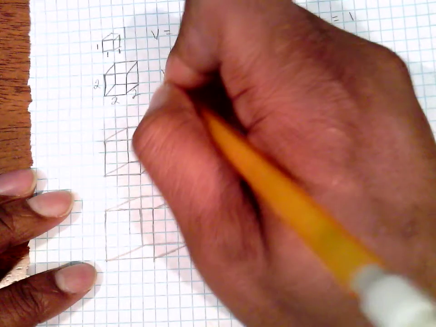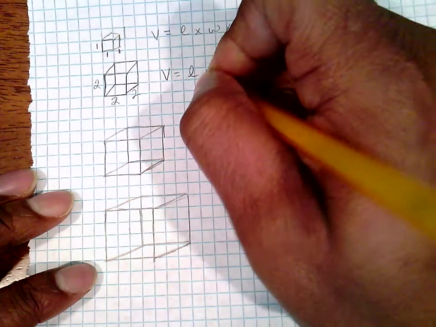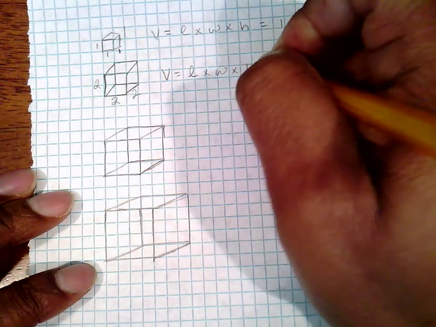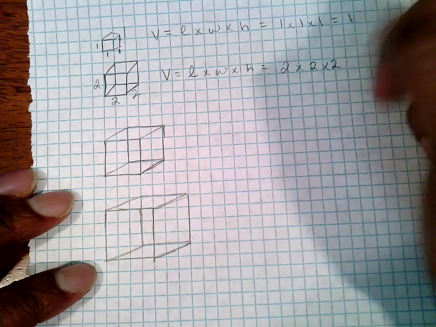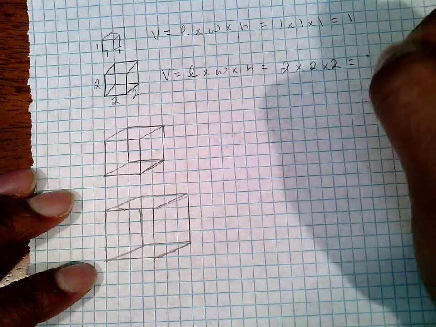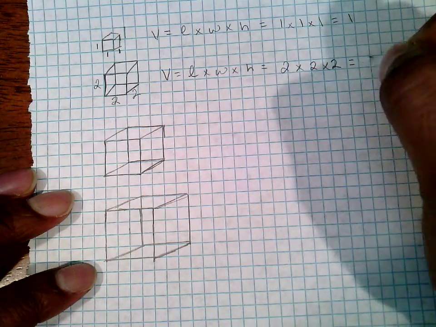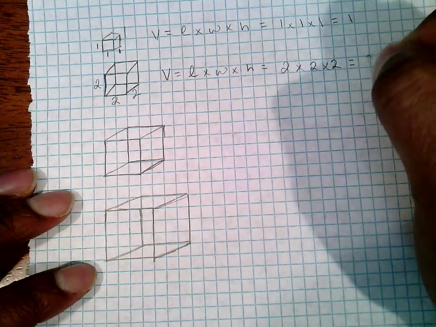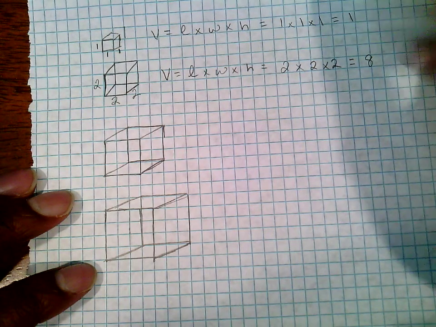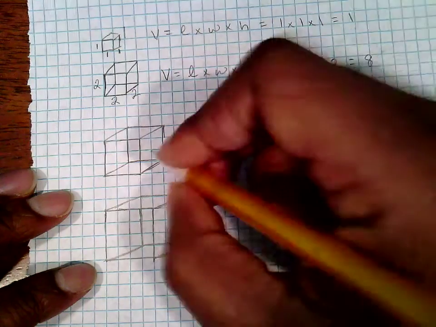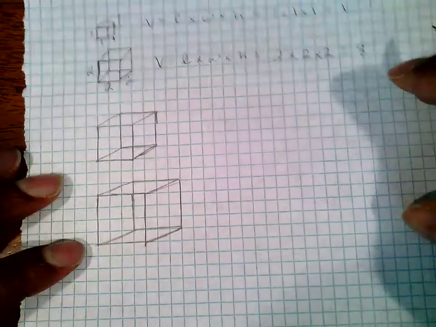So the volume is length times width times height, which is 2 times 2 times 2, which comes out to not 6, but 8 cubic units.